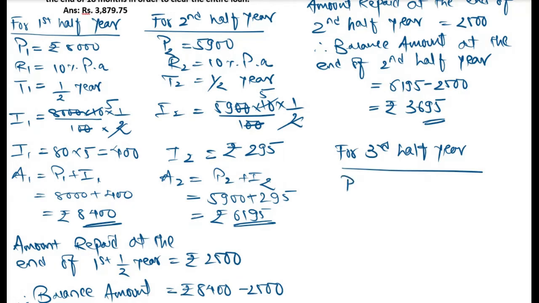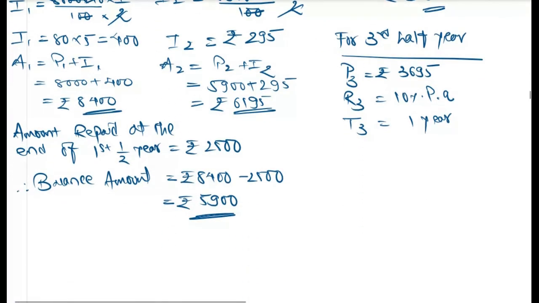So P3 will be rupees 3695, R3 is 10% per annum, T3 is half year. Sorry, I'm extremely sorry for this.